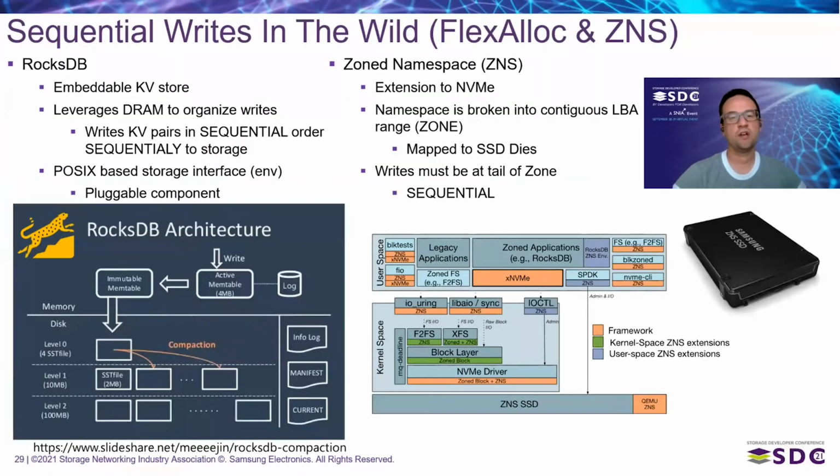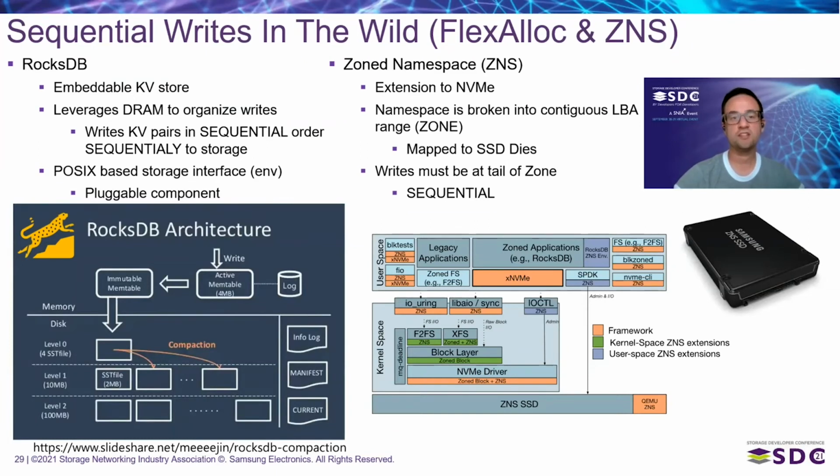Okay, so on this particular slide, I want to bring attention to RocksDB at first. If you're not familiar with RocksDB, it is an embeddable key value store. This means that it's a library that you link to your application and you make calls into this library from within your application. It's not a client server architecture. The interesting thing about RocksDB is that it leverages DRAM, as you can see in this architecture figure, to write all incoming KV pairs into what is called a mem table.